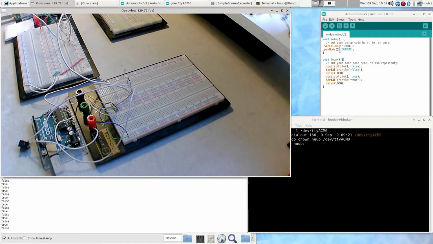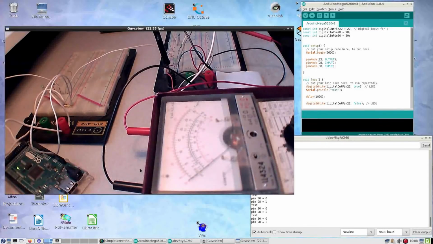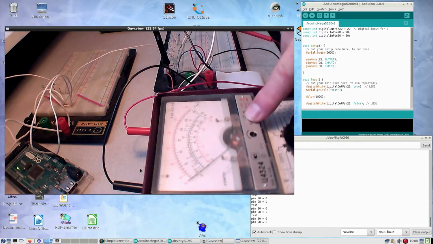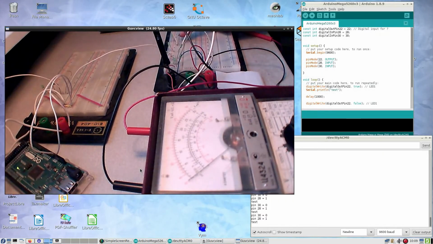So while this part is working, let's see why this LED is not working. So back to the computer and the Arduino Mega2560, which is right here, hidden by the multimeter, because I'm first going to measure if there's signal anyway on this LED here, because this wire may not be functioning.